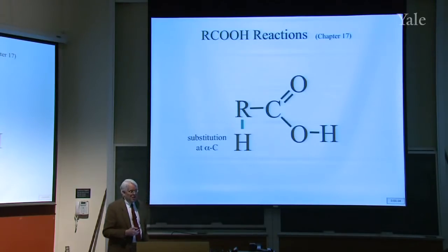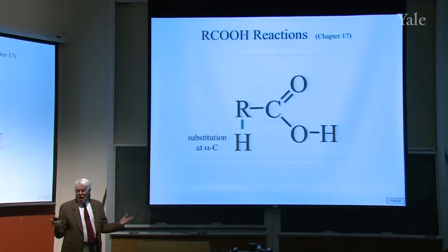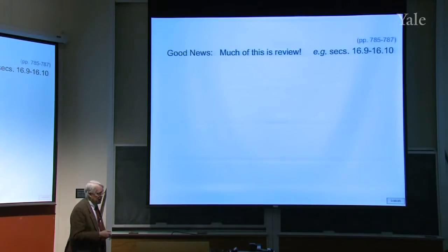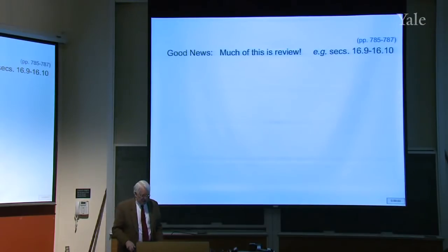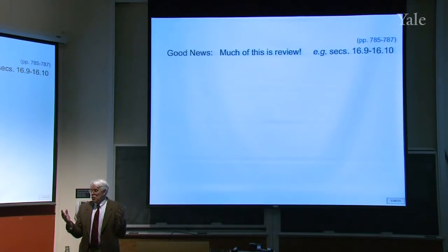And there's another possibility, of course, substitution at the alpha carbon. So if you have an RH here, an alpha hydrogen, then, as we saw with aldehydes and ketones, you can do a substitution there. And the good news in all this is almost all of this is review. In fact, I should have said one thing on the previous slide, that when you have the OH and put the R on, making the RO bond, that's an alpha substitution also.